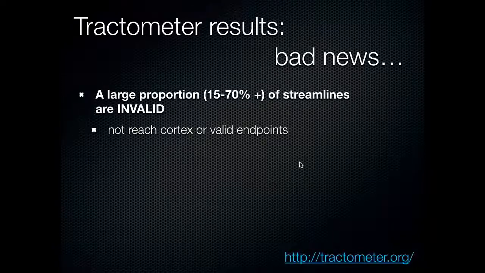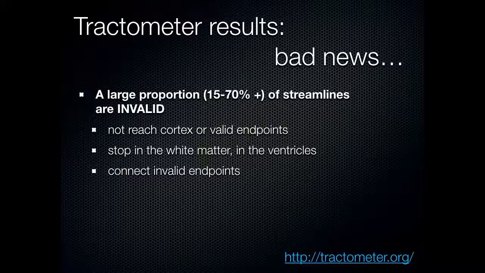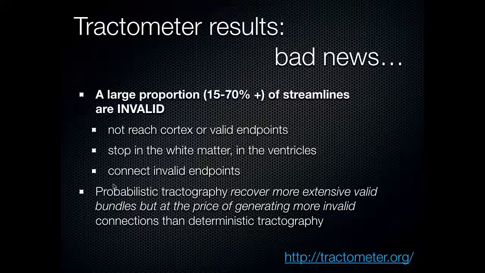They stop too near, they stop in the white matter, they stop in the ventricles, or they don't connect valid endpoint regions. So that's a huge percentage. It depends on the data and the model, but they're there and they're important. They're polluting our tractograms.